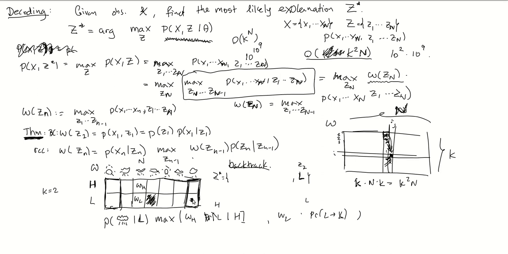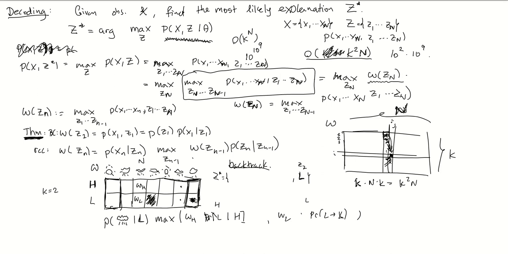Then what we'll want to figure out now is a path of hidden states that will actually lead us to this value. We can do this by recomputing the same way we computed this value before and figuring out which one actually led to this value.